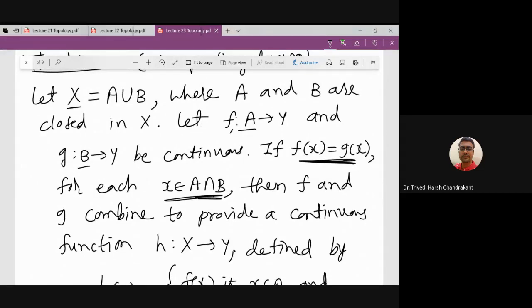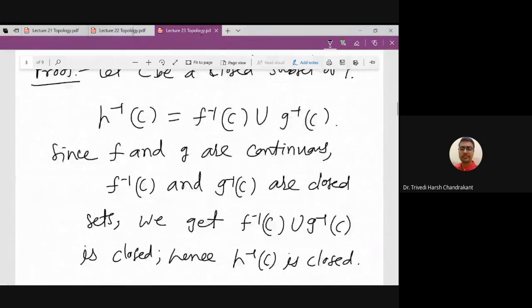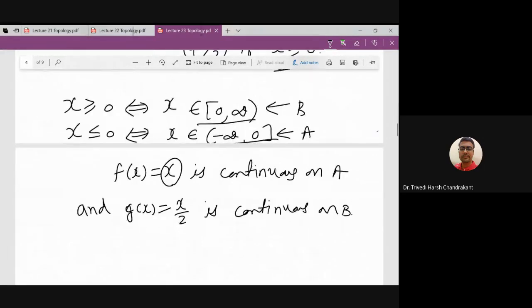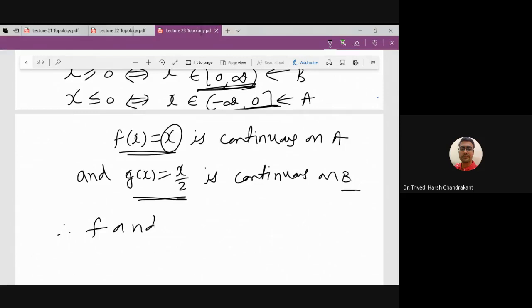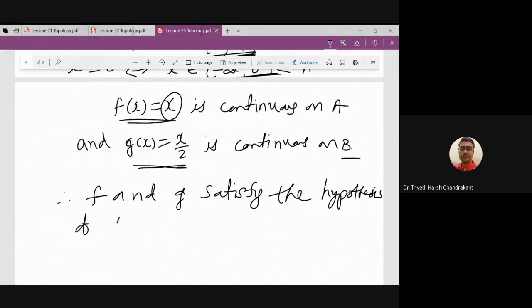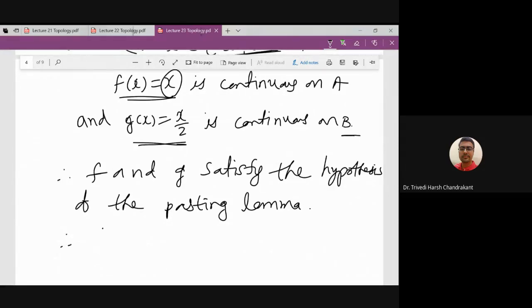The only thing we need to check now is that F and G are continuous on A and B. That is clear, because Fx equal to x, the identity function, is continuous on this closed interval, and in the same way this function is continuous on its interval. So F and G satisfy the hypothesis of the pasting lemma, therefore H is continuous.